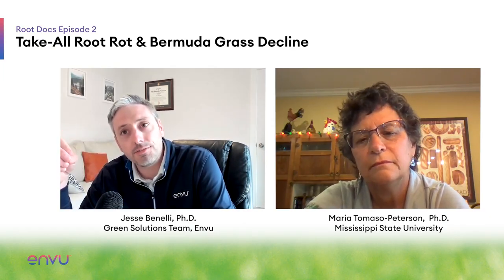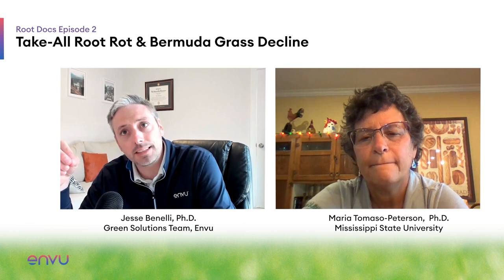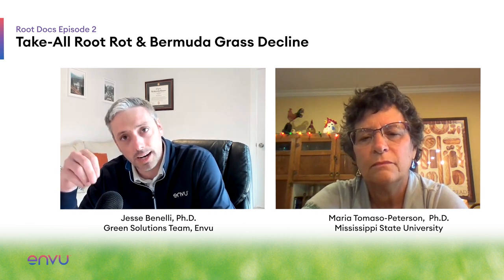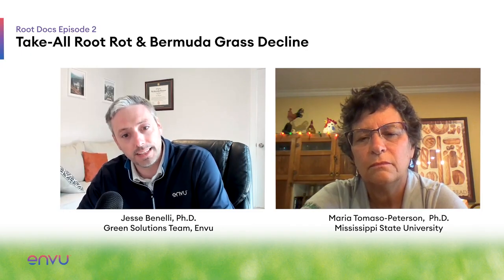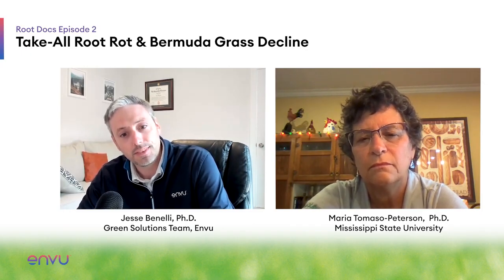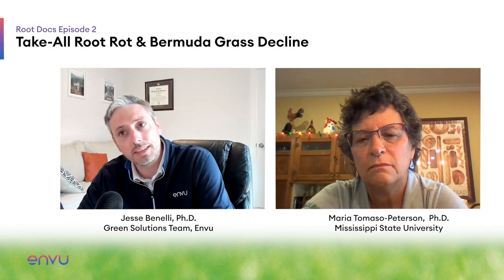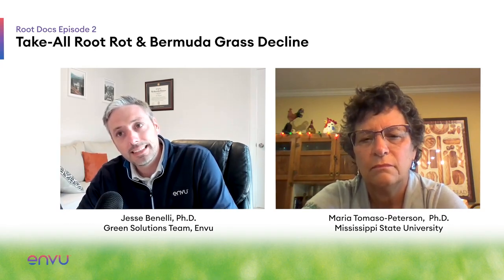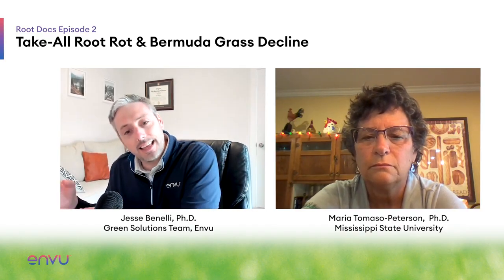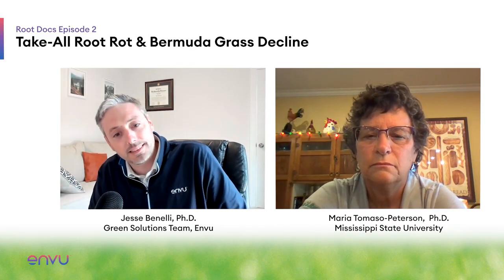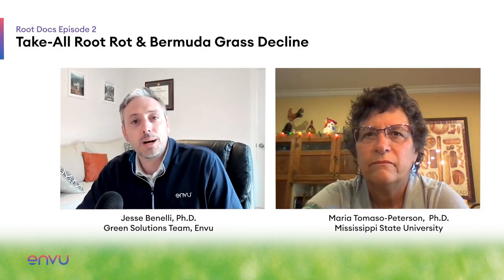But one of the cultural management practices for managing take-all root rot says to apply ammonium sulfate because that can help reduce it. It's almost like damned if you do, damned if you don't. So I'm going to put down ammonium sulfate to help limit my take-all root rot, but I wonder if that opens the door for Mini-Ring to come on in.